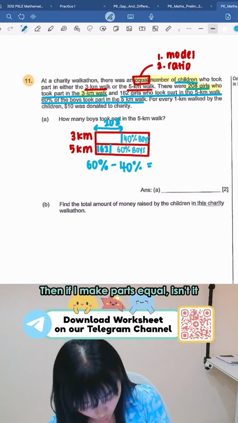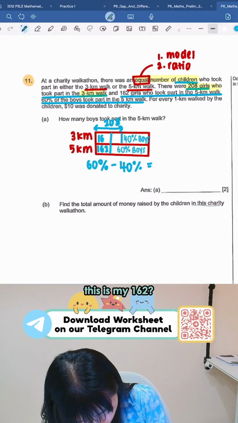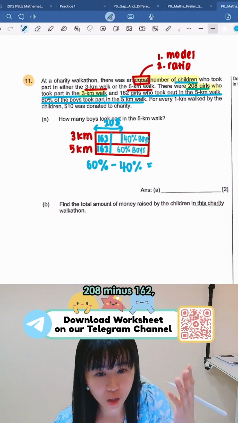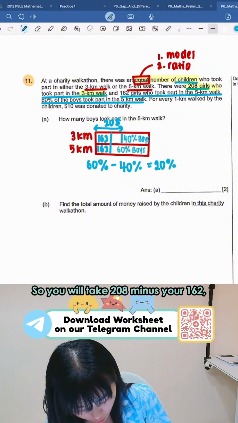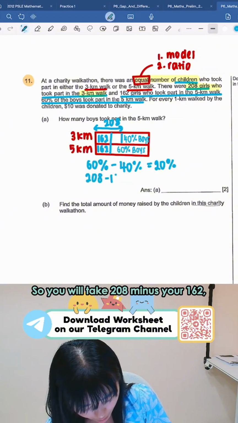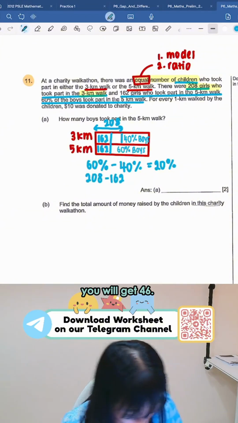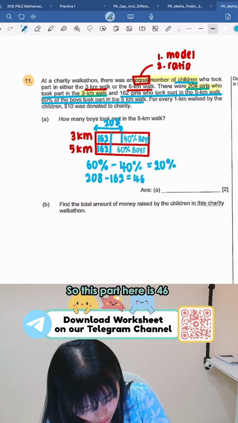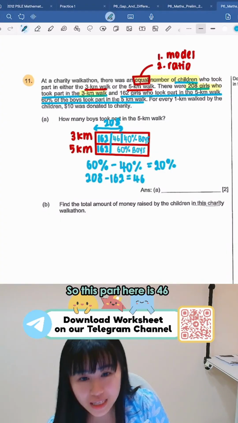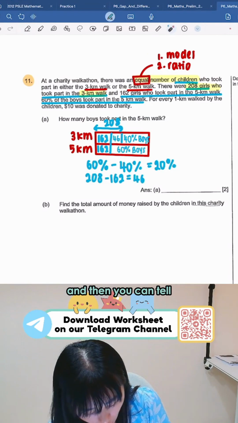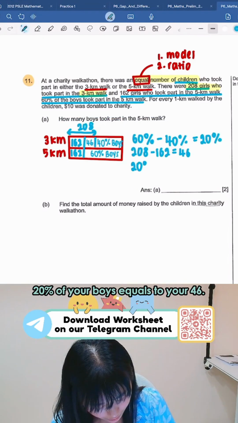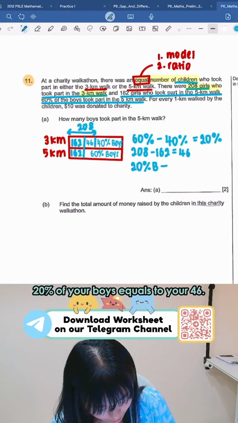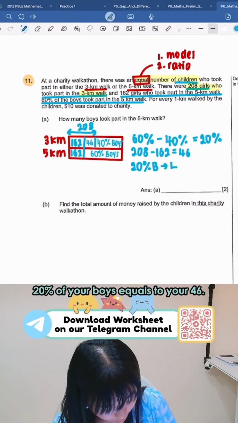Then if I make parts equal, isn't it, this is my 162? 208 minus 162. Okay, but let me finish this first. Okay, 20%. So you will take 208 minus your 162. You will get 46. So this part here is a 46. And then you can tell, oh, 60% minus 40% is your 20%. 20% of your boys is equals to your 46.